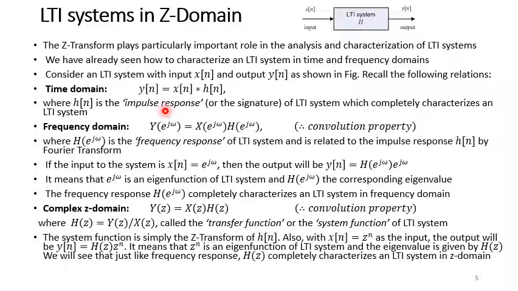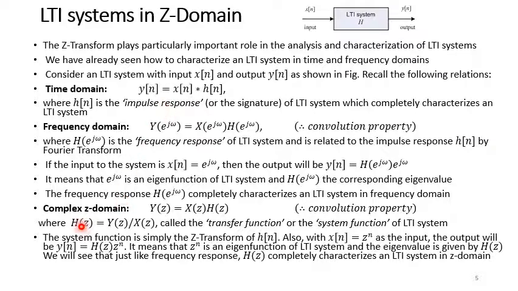Just knowing the impulse response, you can tell whether the given system is stable, whether it is causal, whether it is memoryless or has memory, and so on. So all this information is provided by the impulse response. Similarly, H of e^(j omega) also completely characterizes the LTI system.